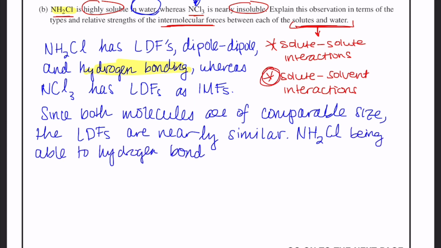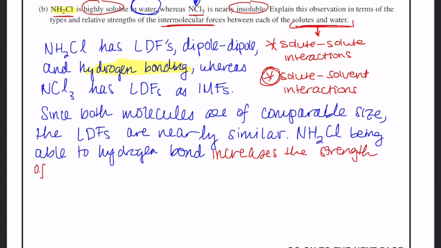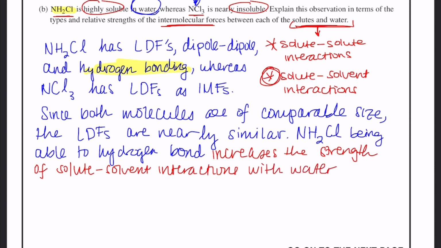So now we got to say that. Now we're going to talk about our solute-solvent interactions, okay? So this increases the strength of solute-solvent interactions with water. And since we know it's soluble, we know that these solute-solvent interactions are overpowering solute-solute interactions because that's just the concept of solubility. So you need to say that.